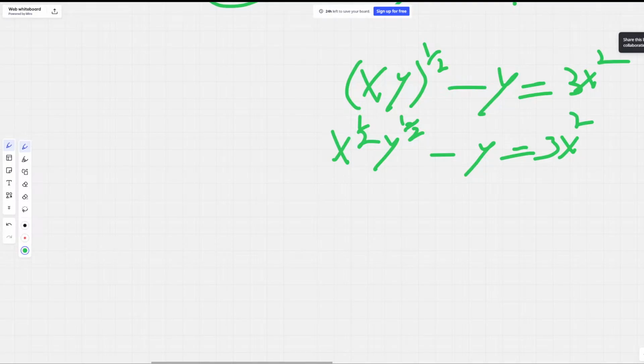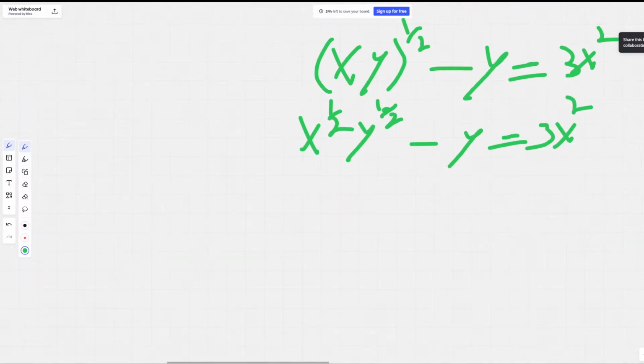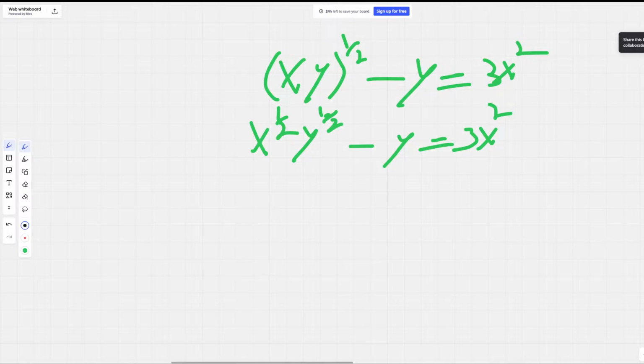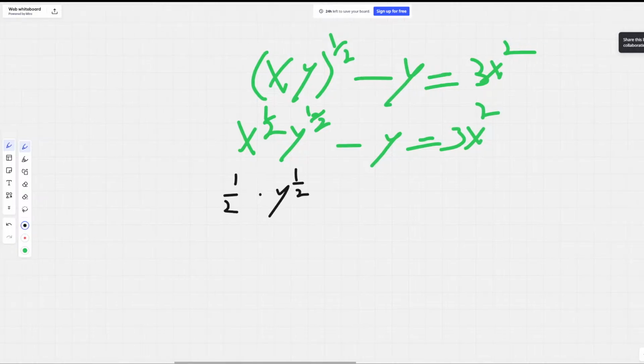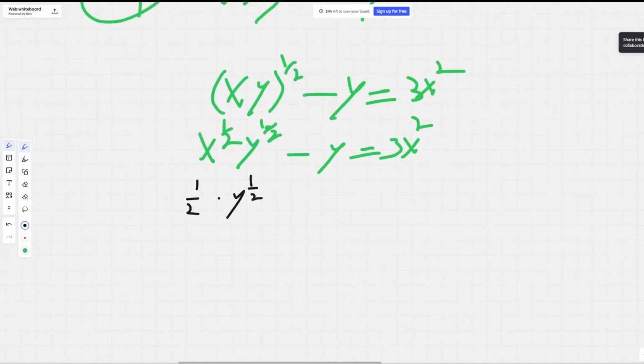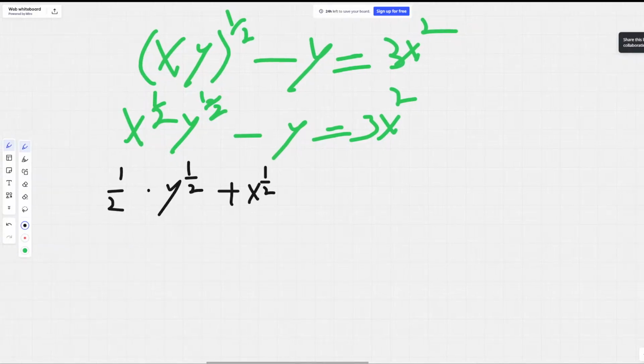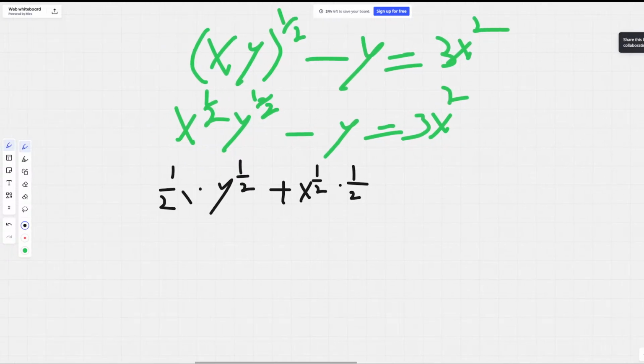Now we'll start with the derivatives. y^(1/2) times y^(1/2) plus x^(1/2) times... I guess, actually, these would exist, won't they?